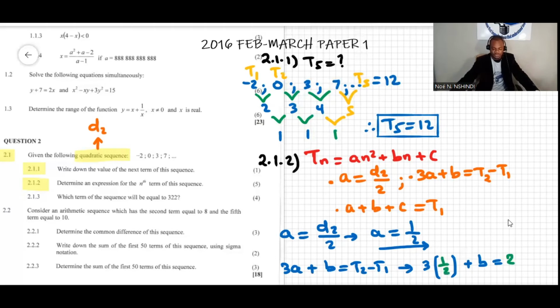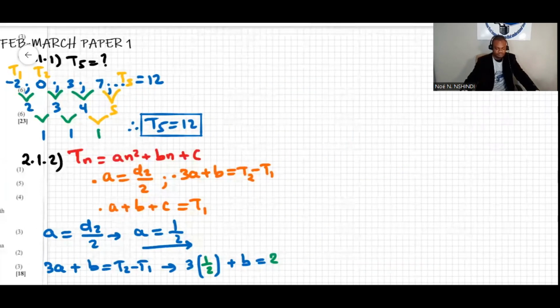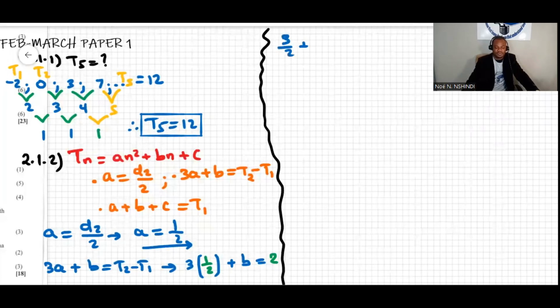This means that 3/2 plus b equals 2. So if I move the 3/2 over, we are left with b equal to 2 minus 3/2, which is equal to 1/2. So b is equal to 1/2.